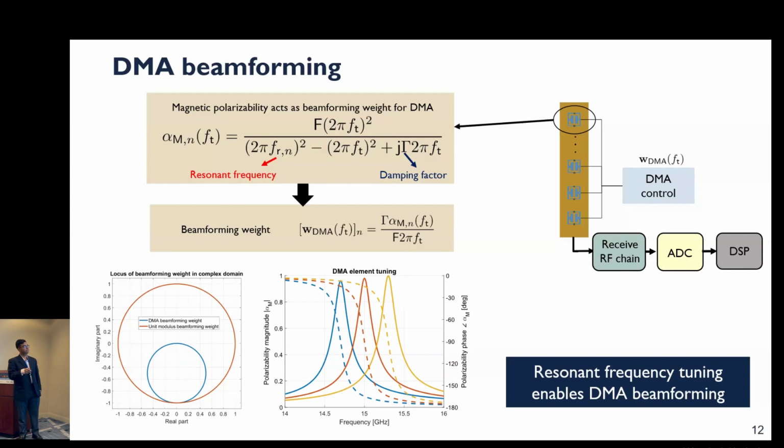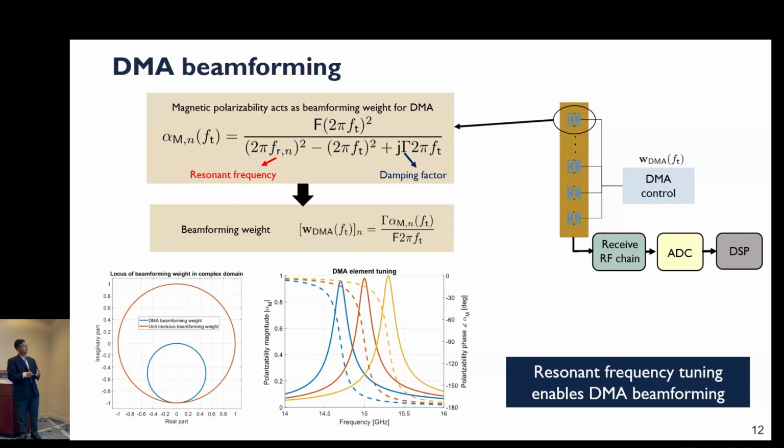So the main objective is to configure the resonant frequency for each slot. Now each slot can be modeled as a magnetic dipole, and the magnetic dipole is governed by a variable called magnetic polarizability, which is given by this Lorentzian expression. So our goal is to configure the resonant frequency, which changes the polarizability that impacts the beamforming weight.